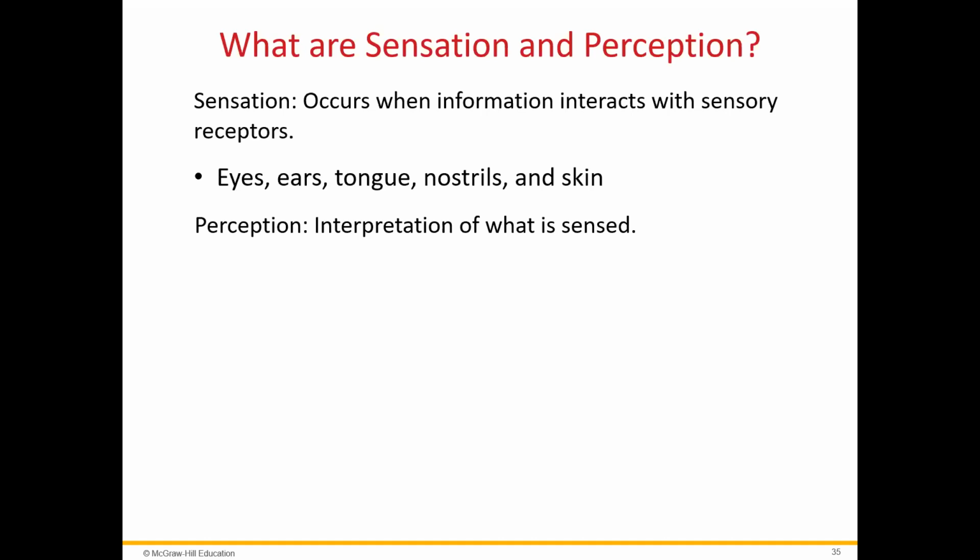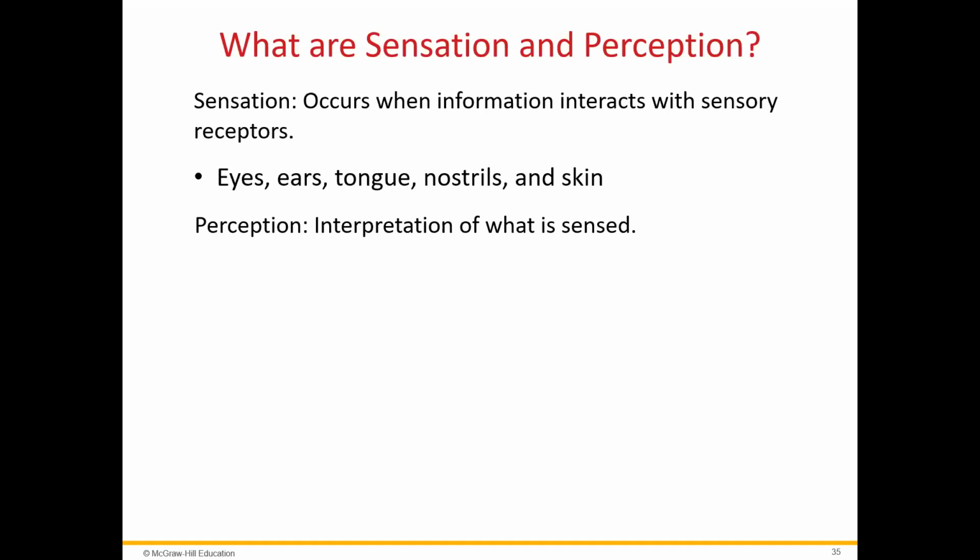So that's the job of sensation, to transmit all these different stimuli from the world, smells and sights and sounds and touch, into neural activity or neural impulses, so that our brain can then interpret them.